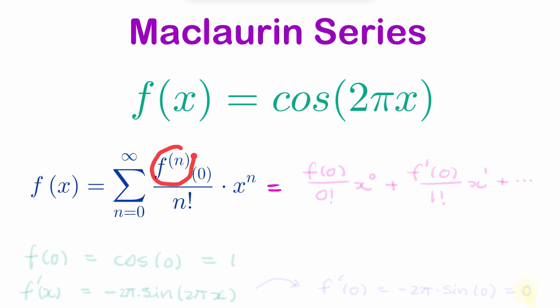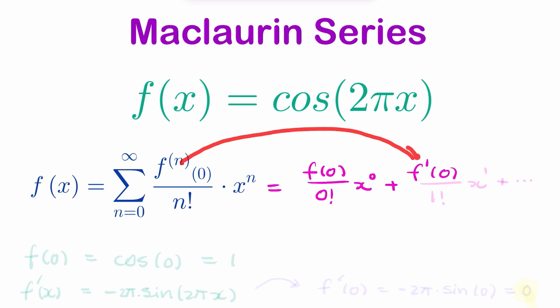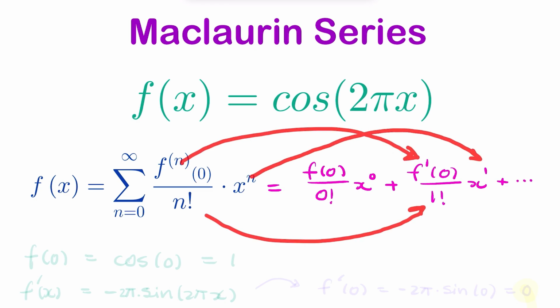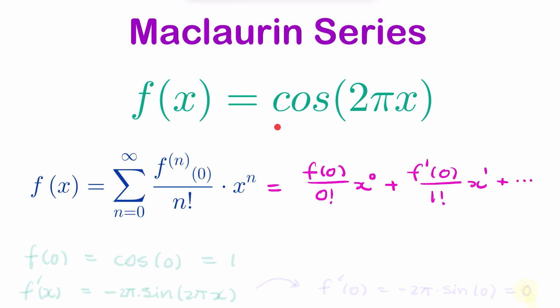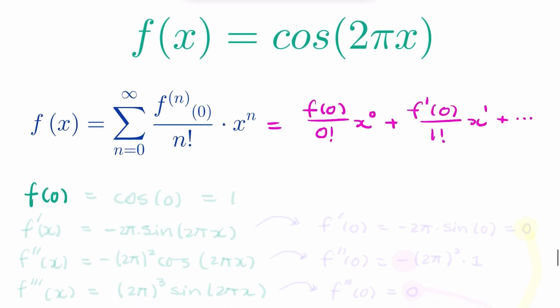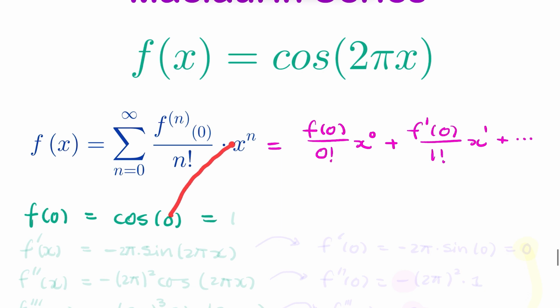So f of x would be f of 0 divided by 0 factorial times x to the power 0 plus the first derivative at 0 divided by 1 factorial times x to the power 1, etc. So we need to take successive derivatives of f of x, or derivatives of cosine. So let's start by finding f of 0. So f of 0 is simply cosine 0, which is 1.